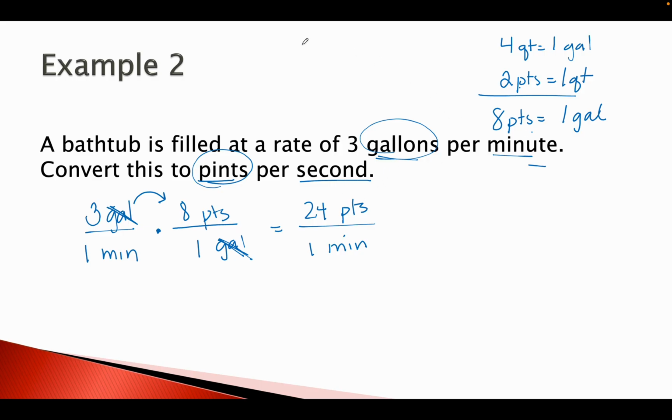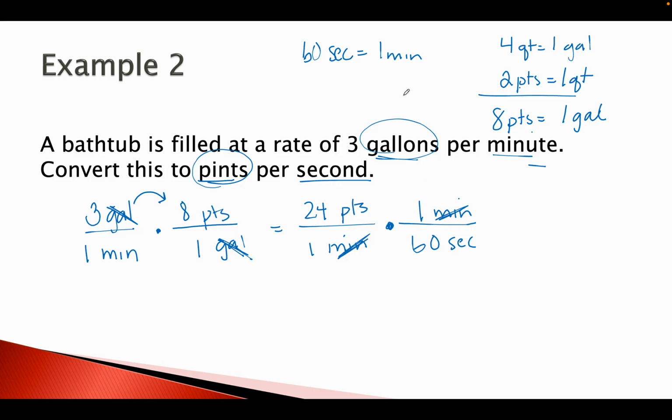We know that there are 60 seconds in 1 minute. We need to figure out where to put those so that my minutes can cancel. So this one is going to read 1 minute over 60 seconds, whereas our first one was 8 pints over 1 gallon.